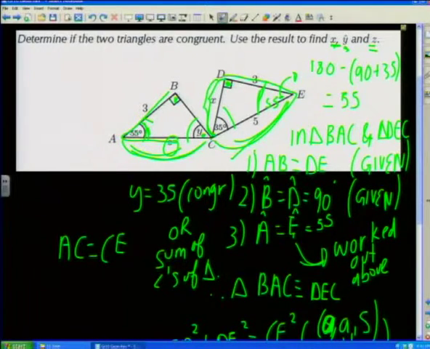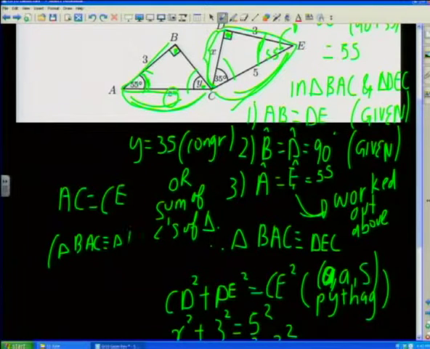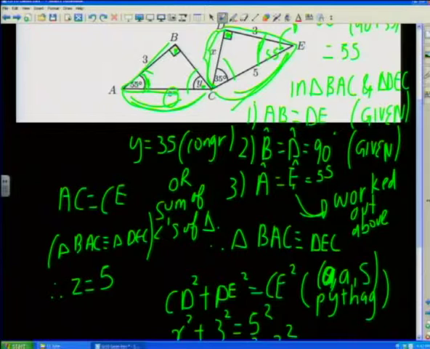And the reason for that, guys, comes straight from your congruency. It's because triangle BAC was congruent to triangle DEC. So those two sides are equal, AC and CE. So therefore, z is going to be the same as side CE. So z is going to be equal to 5.